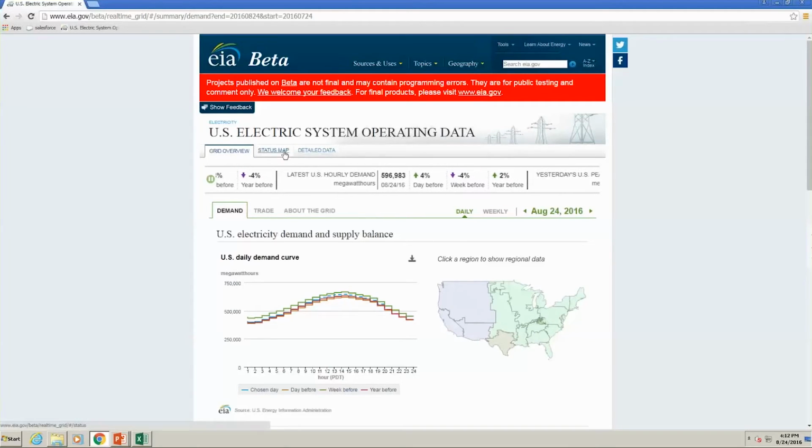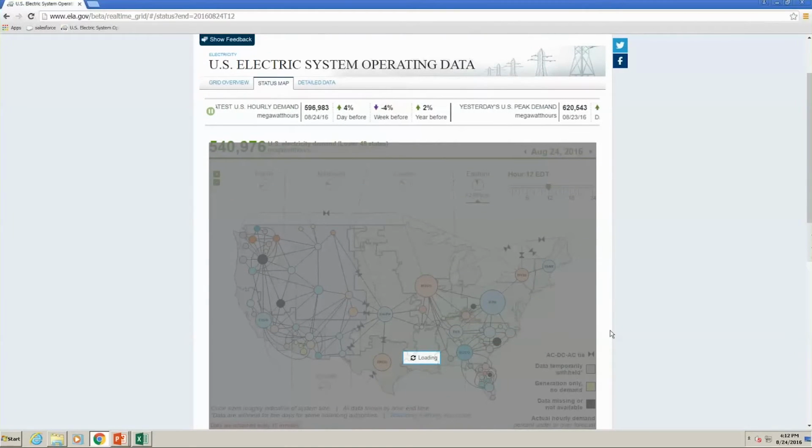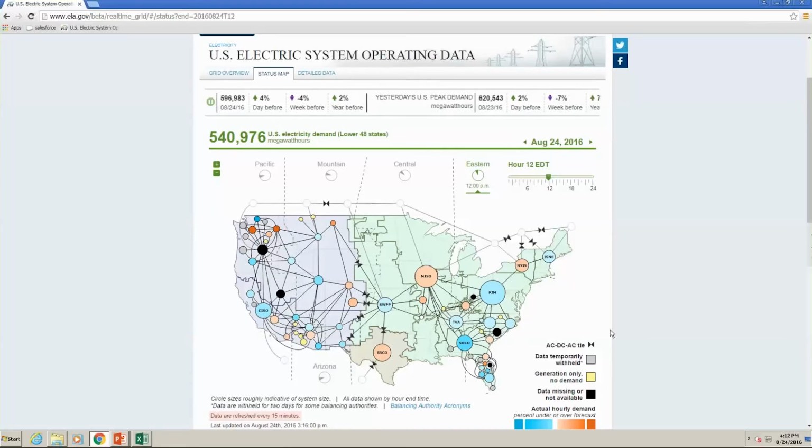If you go to the map, these regions, we believe, better represent how the operations in the industry are organized. And so each of these regions is a roll-up of data from the balancing authority level.